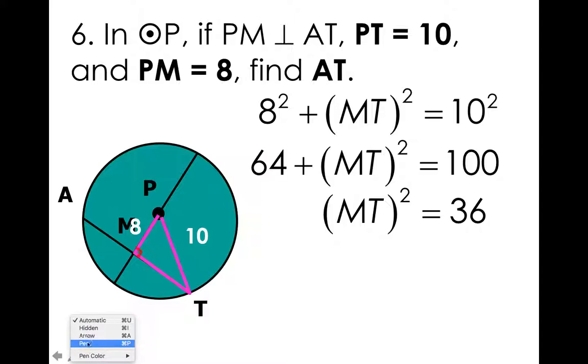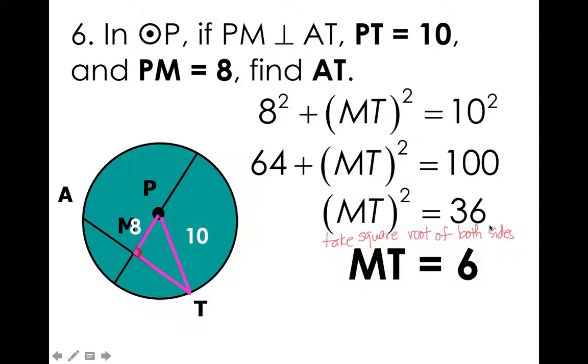So in this particular step, if you need to write down square root, or take square root of both sides, then write it down. Because remember, these are here to help you. And when you take the square root of both sides, you get MT is equal to 6.